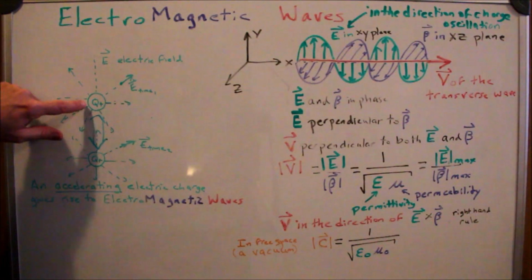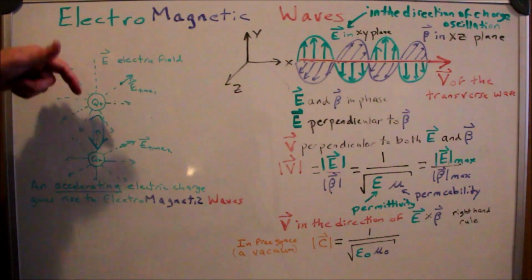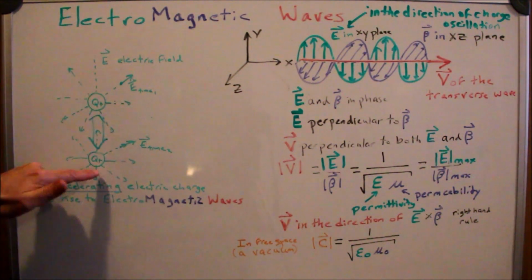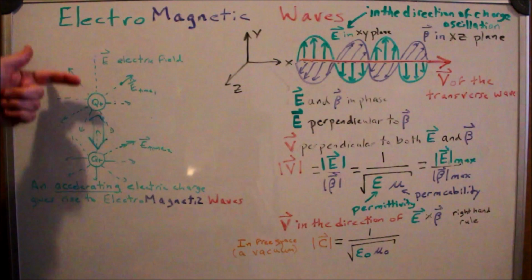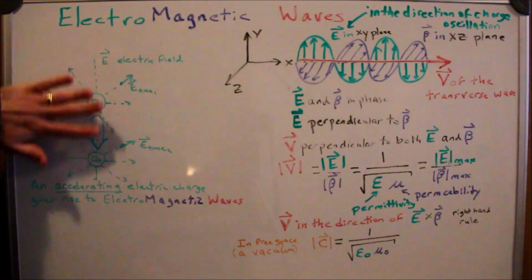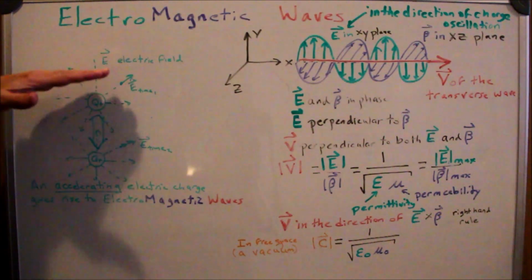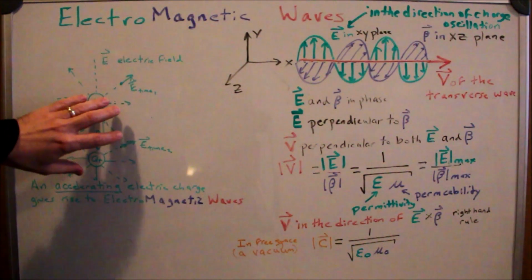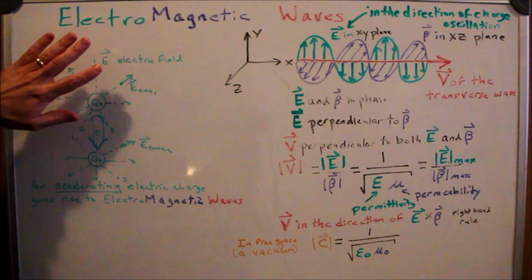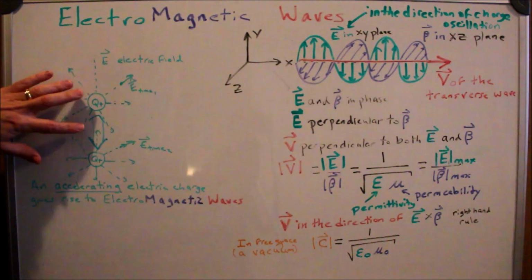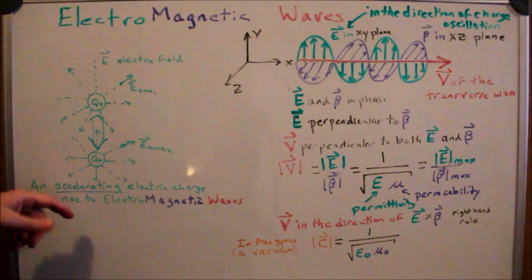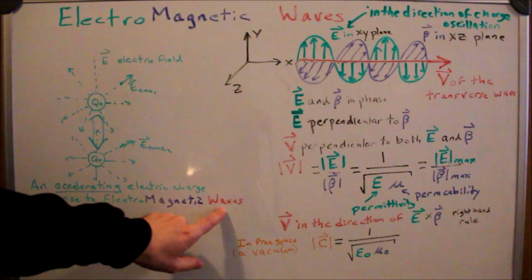Imagine we have an electric charge which is moving down, so at time 1 it's here, at time 2 it's there, and it's oscillating back and forth between these positions within the plane of the board. So this electric field's magnitude and direction is changing with time, but it's in the plane of this board, and this changing electric field gives rise to electromagnetic waves.